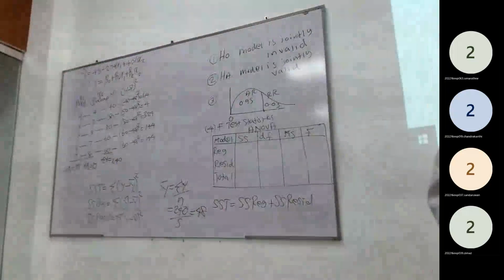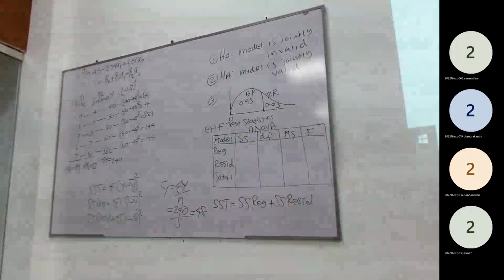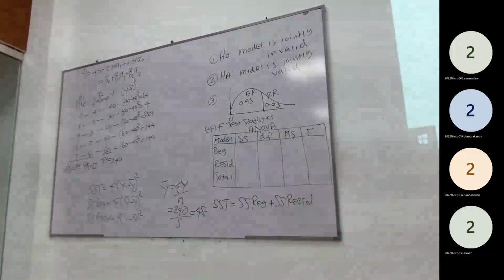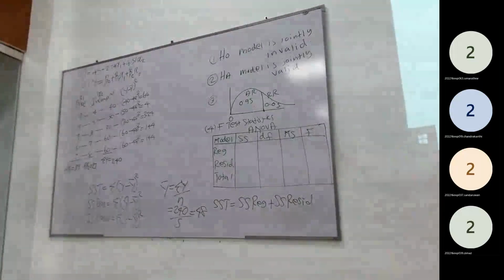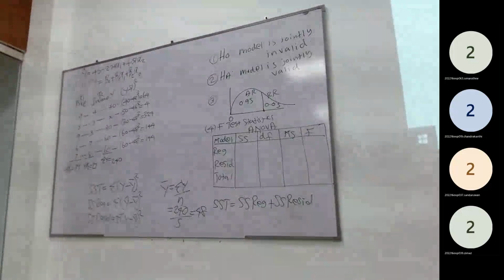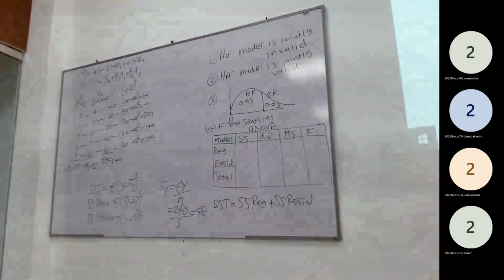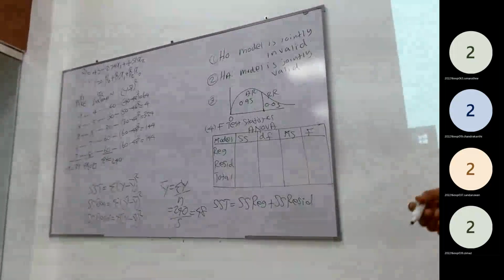Now take the summation of that: 64 plus 4 plus 324 plus 144 plus 144 is 680.